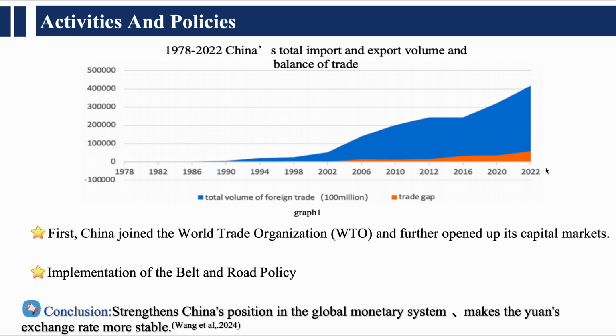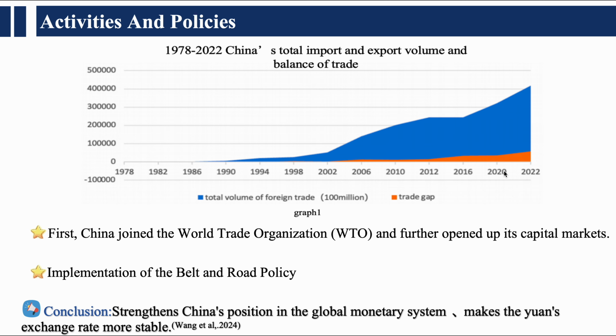Second, the Belt and Road Initiative strengthens China's trade partnerships, further stabilizing the yuan's exchange rate.